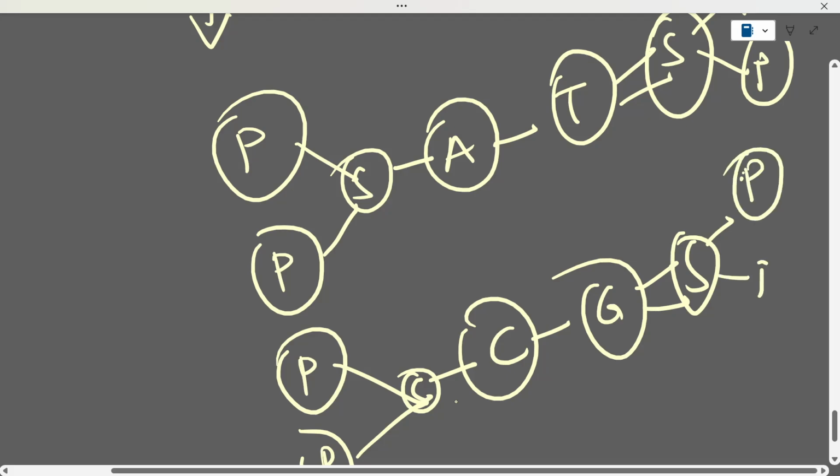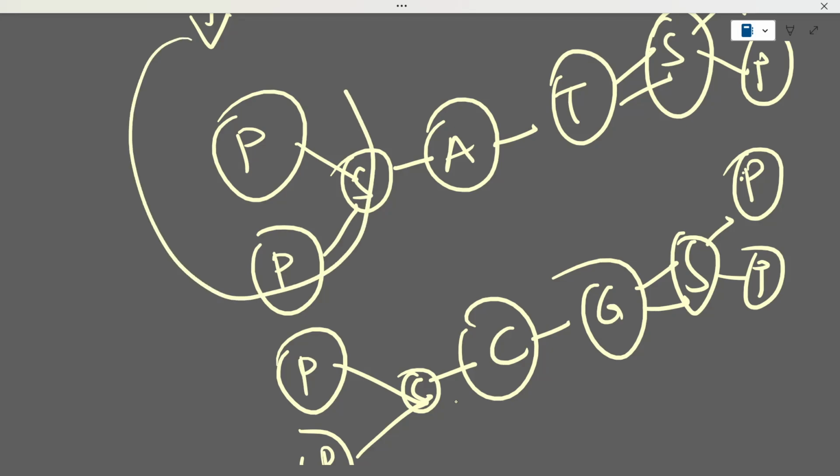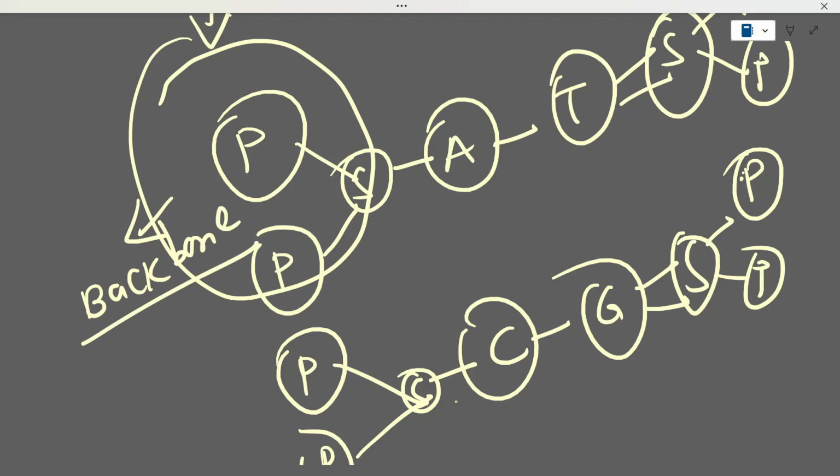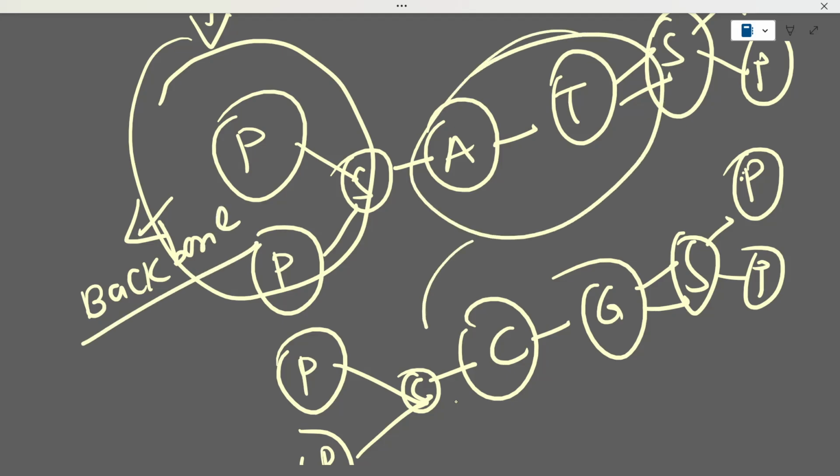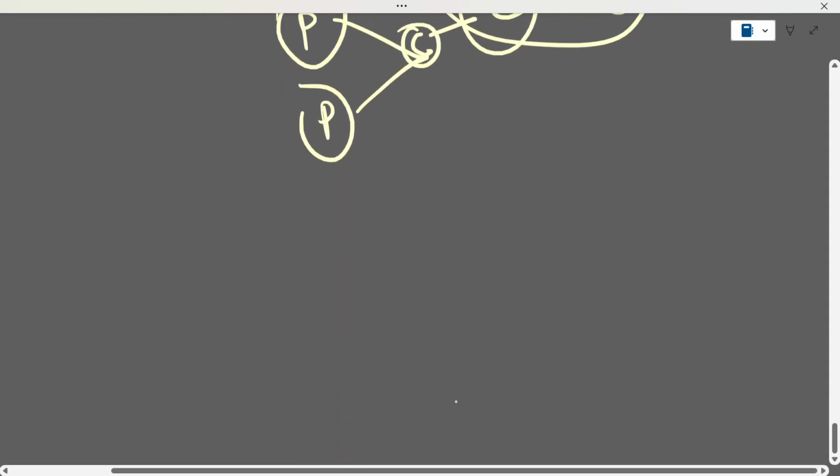Again, this sugar phosphate bonding is the backbone upon which the nitrogenous bases rest.